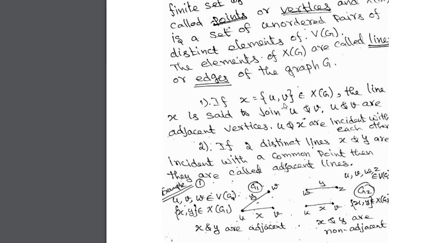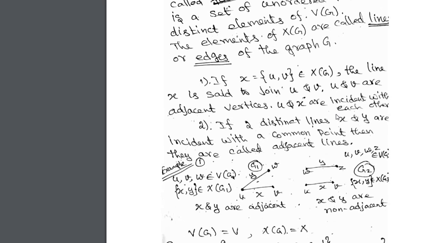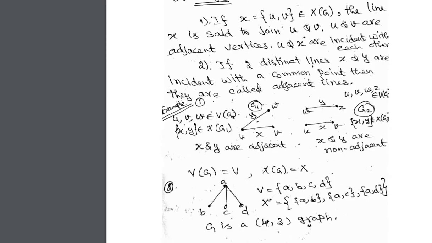If x is equal to u comma v, this is a line that we represent as uv. That means u and v are joined by the line x, and also you can say that u is incident with x. u and x are incident with each other, or v and x are incident with each other. If two distinct lines x and y are incident with a common point, then they are called adjacent lines.